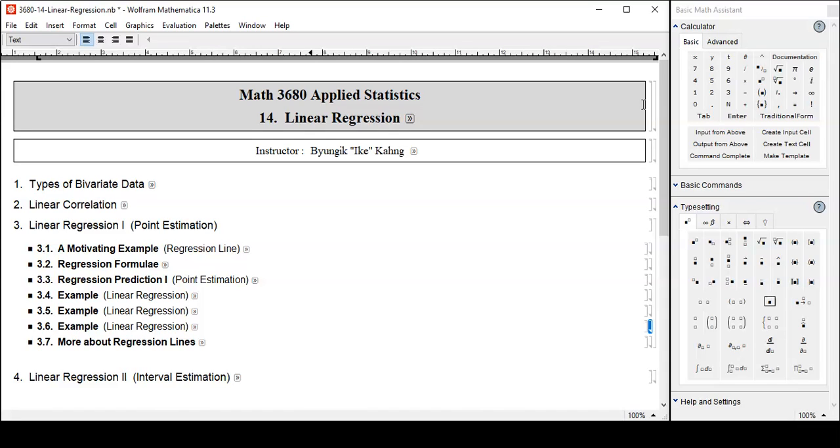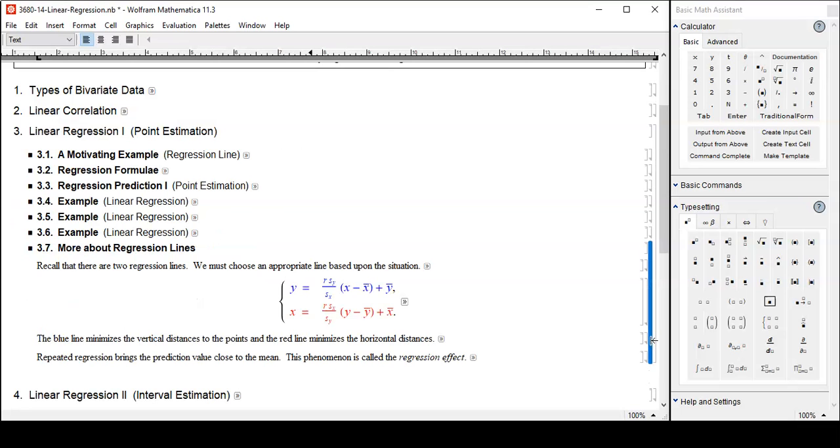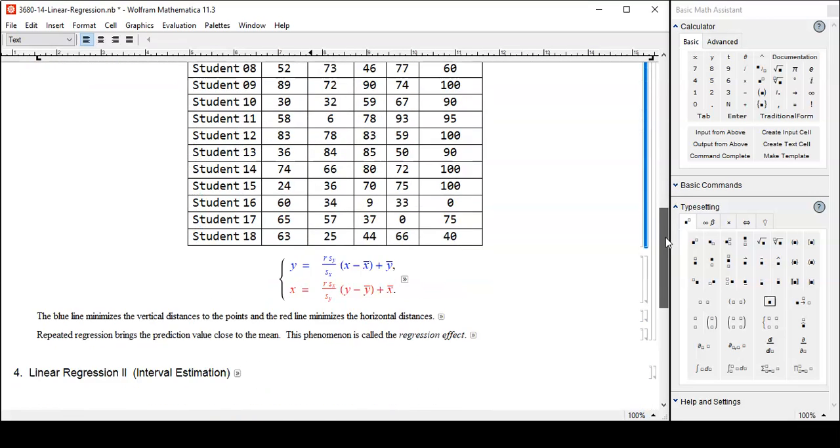Now let me give you one more little comment about regression lines. Depending upon textbook authors, sometimes they introduce two different regression lines instead of switching X and Y. See, here's an example.